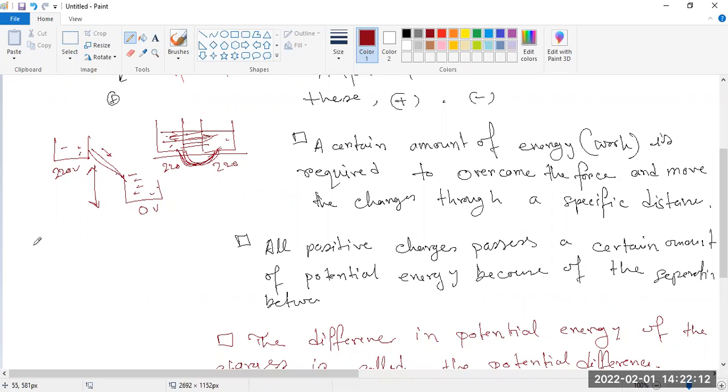So just remember this: if this is a positive charge and surrounding this there is an electron, this is a negative charge. So there must be attraction, and we have to apply some force so that we can carry this electron from here to here.